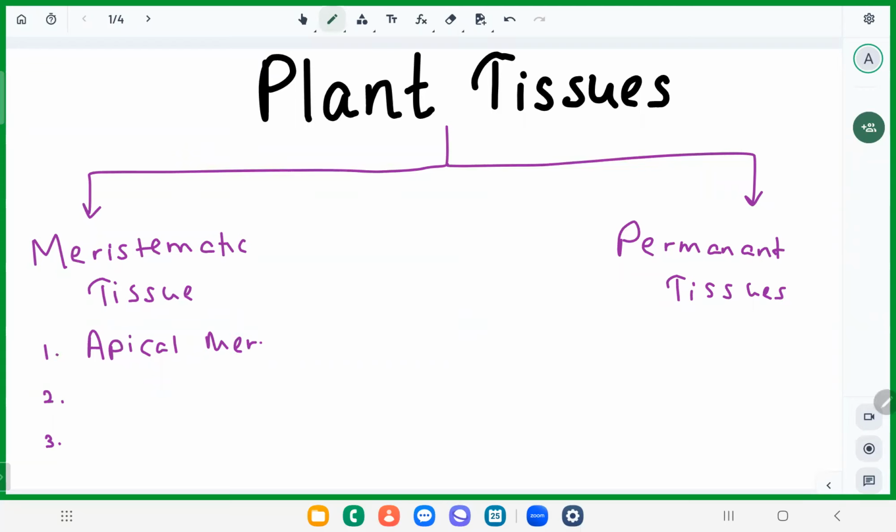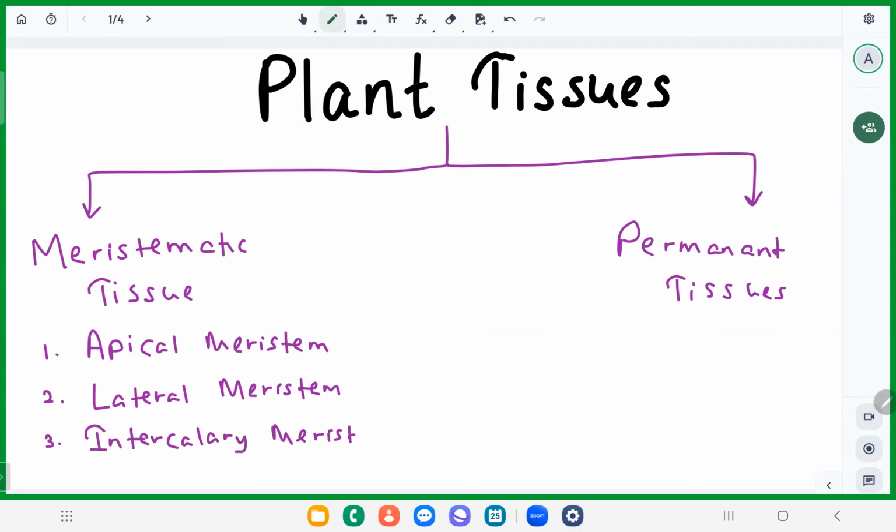The second type is called the lateral meristem. And the third type is the intercalary meristem. In this video, we're going to be focusing on these three types: the apical meristem, the lateral meristem, and the intercalary meristem.